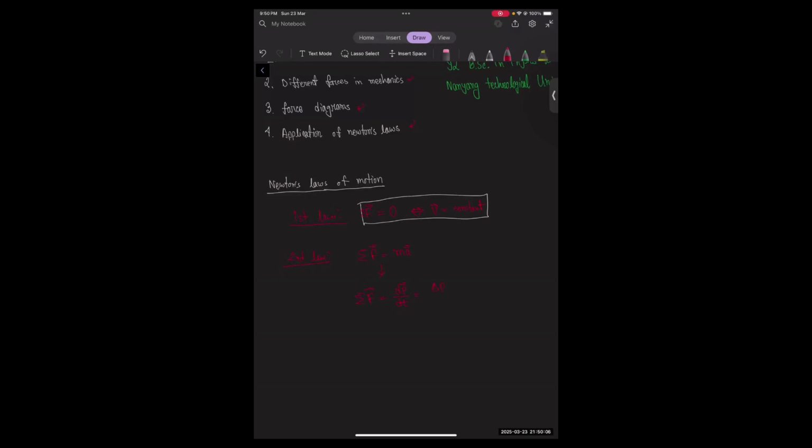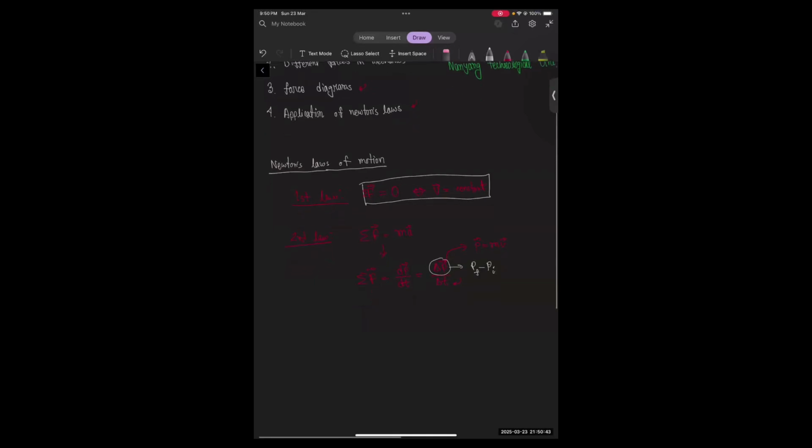You can just treat it as a change. So it's momentum's change with respect to time. On top you have the change in momentum, and in the denominator you have the change in time. Remember, p is mv, mass times velocity, and delta in general refers to the change. So delta p would just be final momentum minus initial momentum.